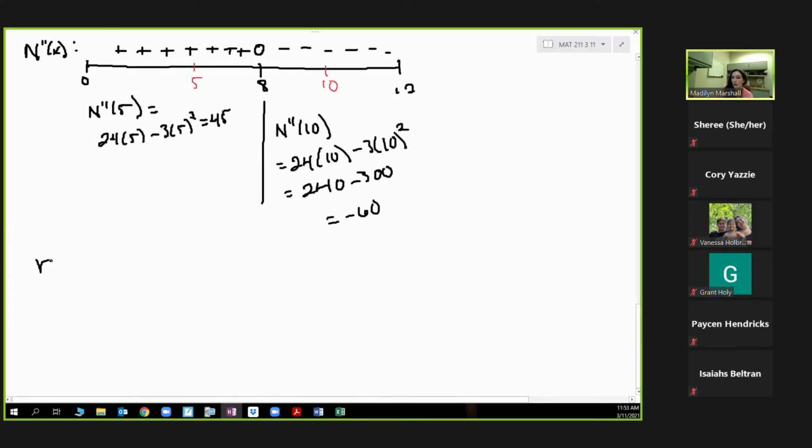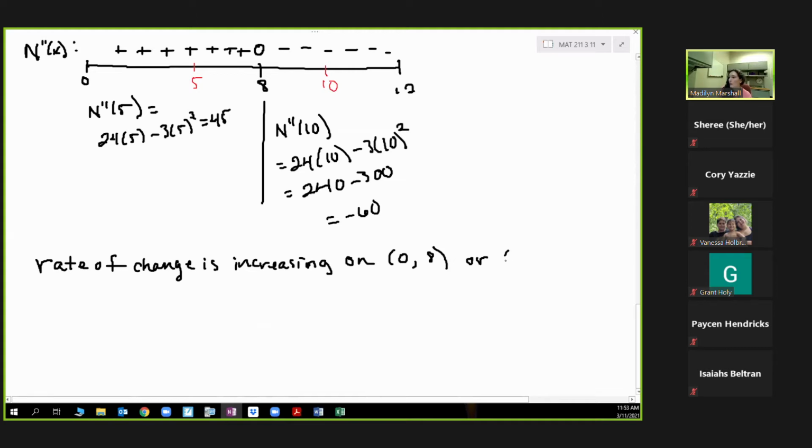So the rate of change is increasing on 0, 8, so that interval.